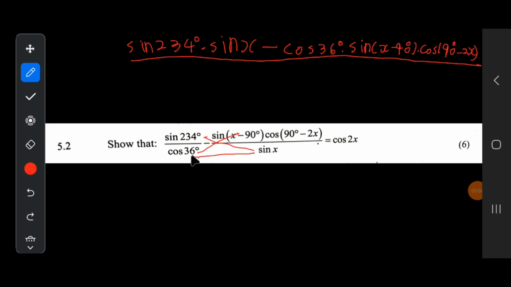So you'll have cos 36 degrees multiplied by sine x. This is how it works, right?